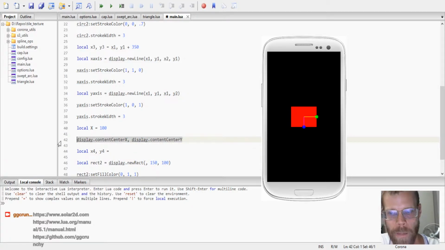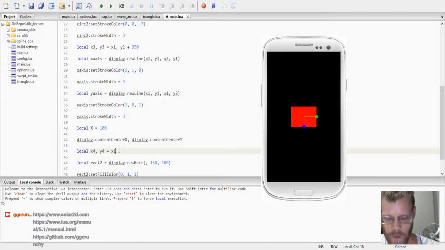We'll want to go from the center of the first rectangle, X1, Y1, plus X along the X-axis, and along the Y-axis, we'll just do minus half height to get us onto the base.